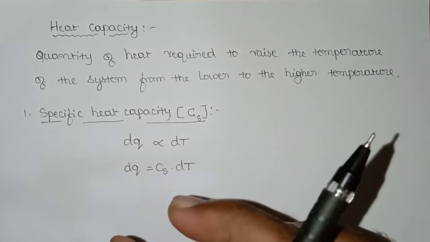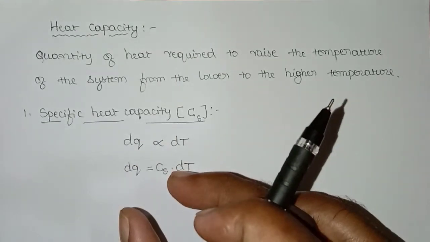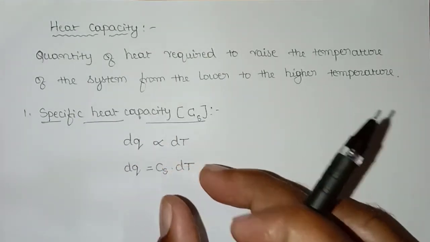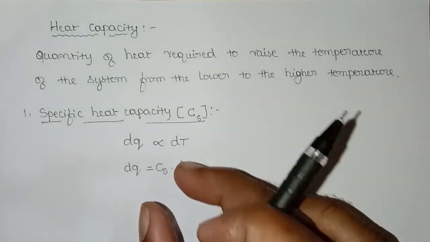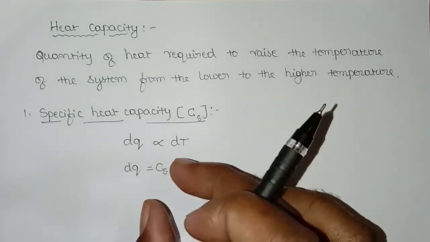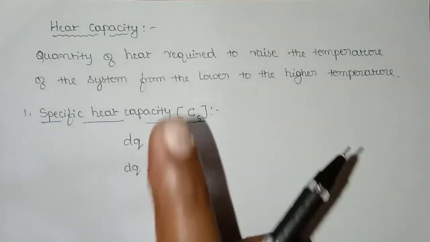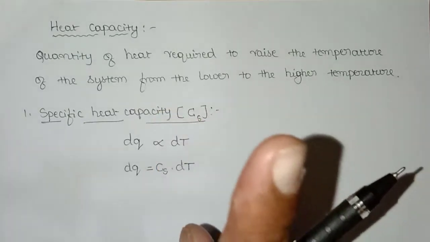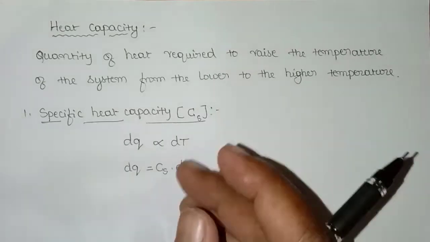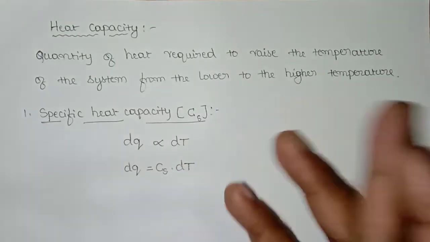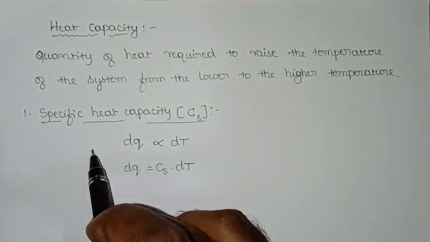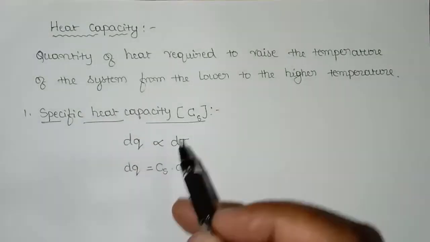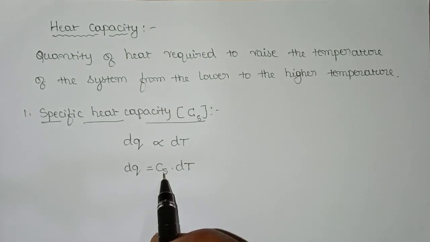That is called specific heat capacity. That means the amount of heat energy required to raise the temperature of 1 gram of a substance by 1 degree Celsius or by 1 Kelvin, or from lower temperature to higher temperature, is called specific heat capacity. So here Cs is the specific heat capacity.